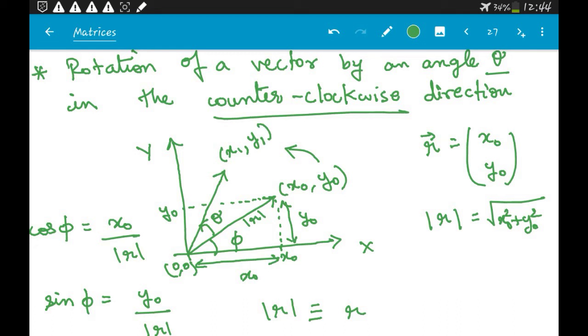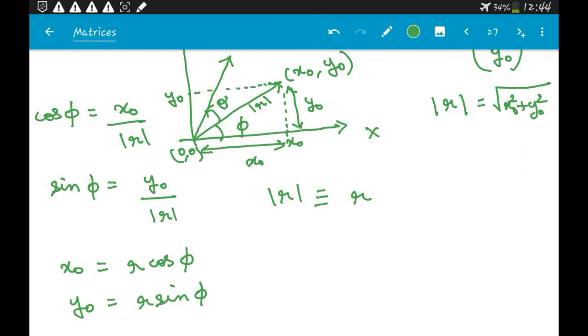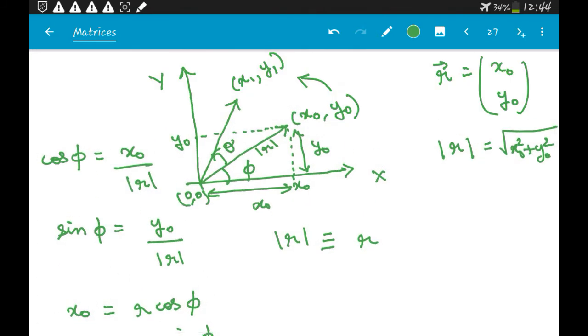Now you see what happens: the vector has changed its position, but the length of the vector remains the same. So this is an example of an orthogonal transformation. The length of the vector remains the same, which means r remains the same. So this is also r.